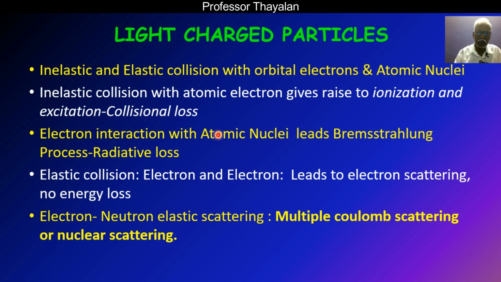The electron interaction with atomic nuclei gives rise to the Bremsstrahlung process, leading to radiative losses. Elastic collision between electron and electron leads to electron scattering. There is no energy loss. Similarly, electron-nucleus elastic scattering may take place. This is called multiple Coulomb scattering or nuclear scattering.